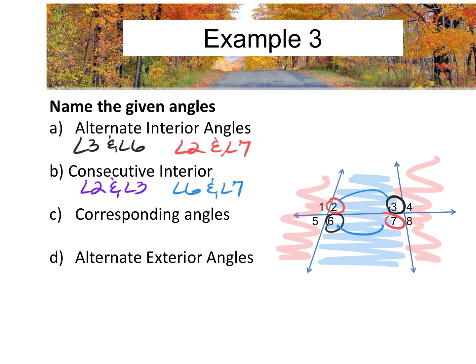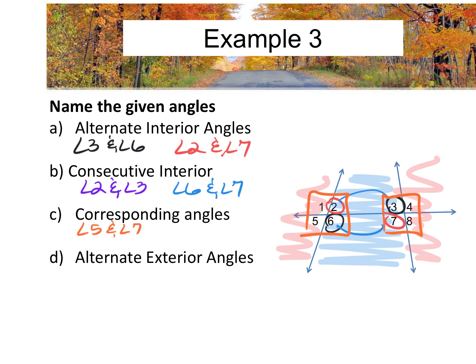Now we're going to do corresponding. So if this helps to draw the box, there's 4 of them here. Can somebody give me a pair of corresponding angles? Yes, Esteban. Angle 5 and 7. Perfect.